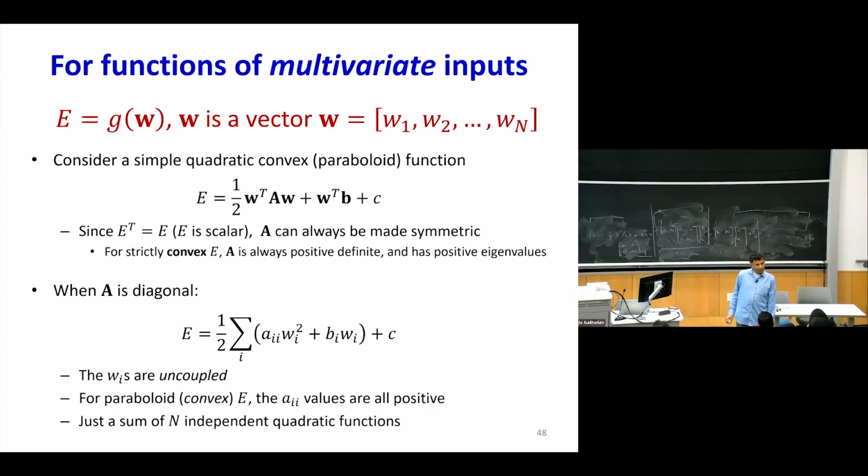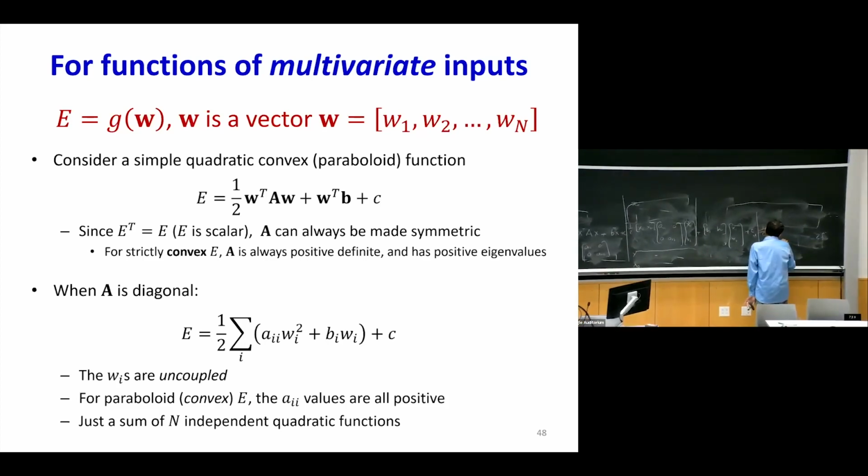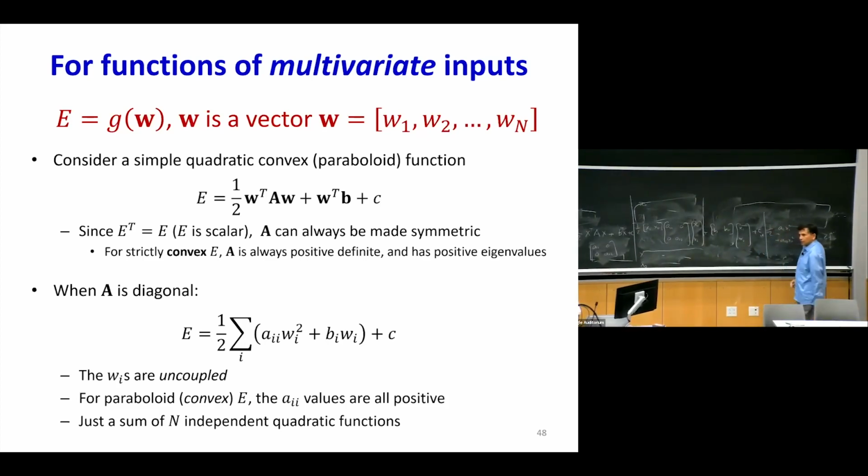This is going to become half of A11 x1 squared plus A22 x2 squared, right? Plus b1 x1 plus b2 x2 plus c. Correct? This making sense?